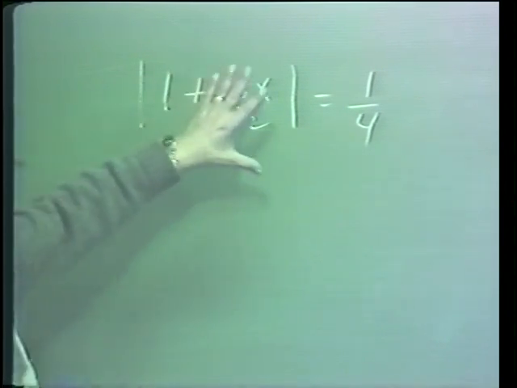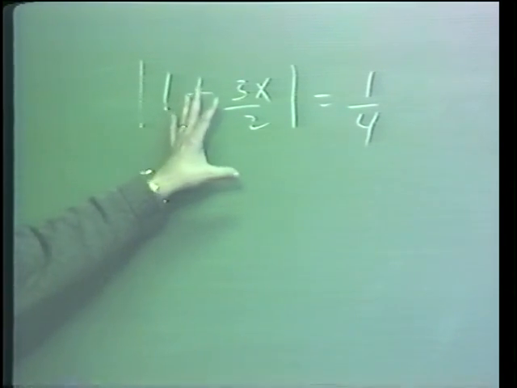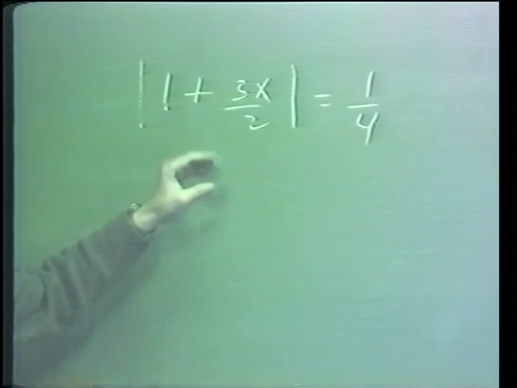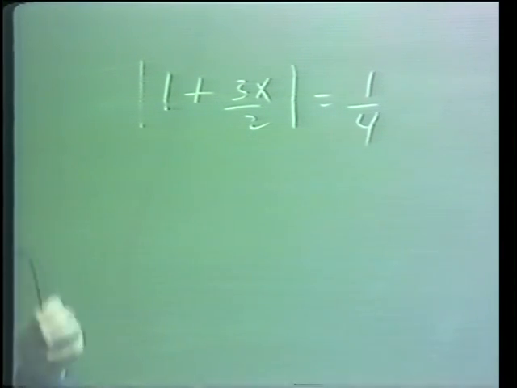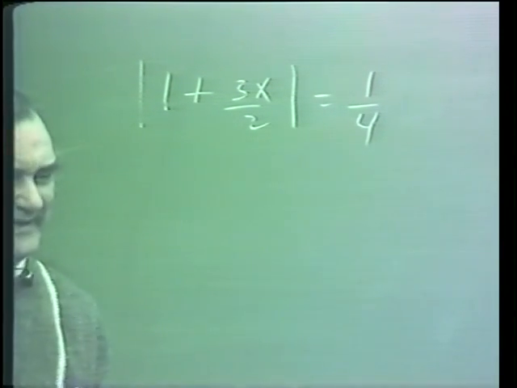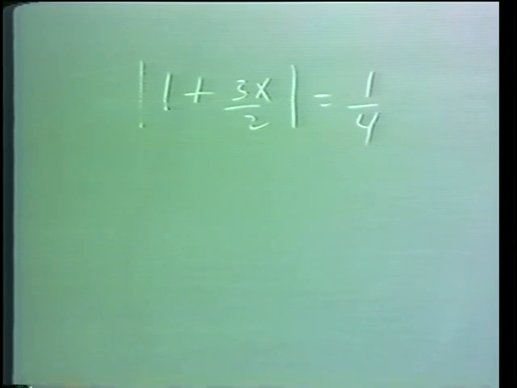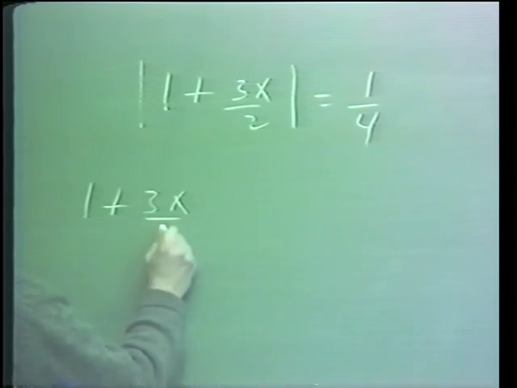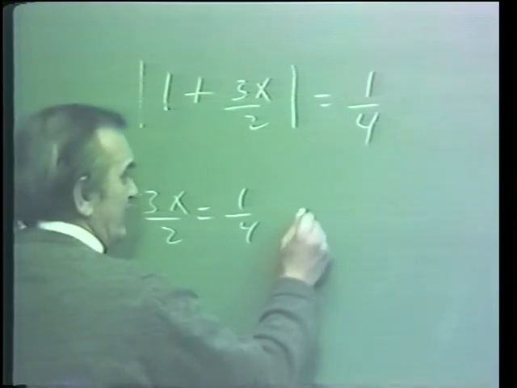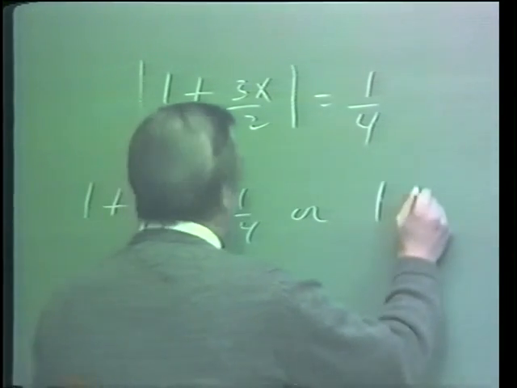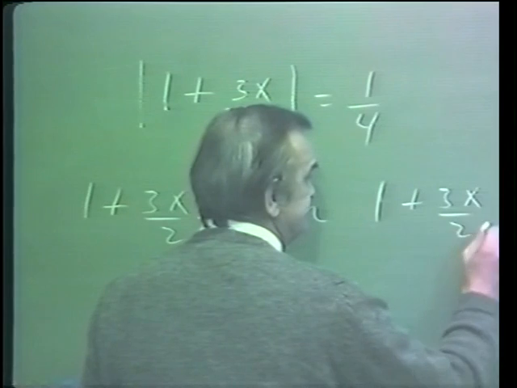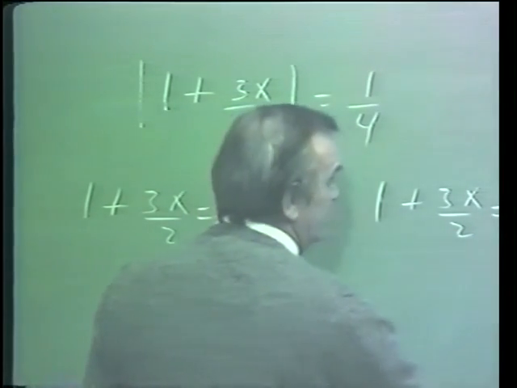This says that when you take the absolute value of the number inside the absolute value symbol, you're going to come out with 1/4. Well, the only numbers you can take the absolute value of and come out with 1/4 are 1/4 and negative 1/4. So this number inside the absolute value, 1 plus 3x over 2, has to equal 1/4, or it has to equal negative 1/4.